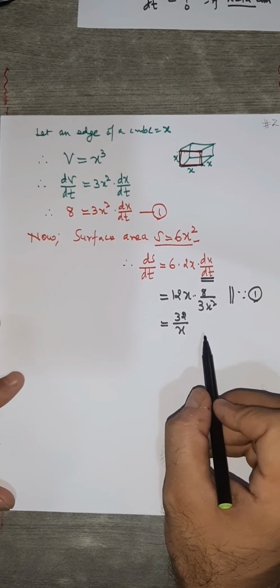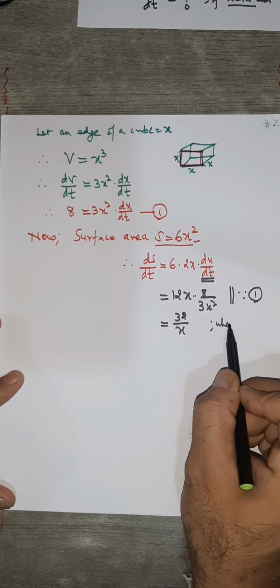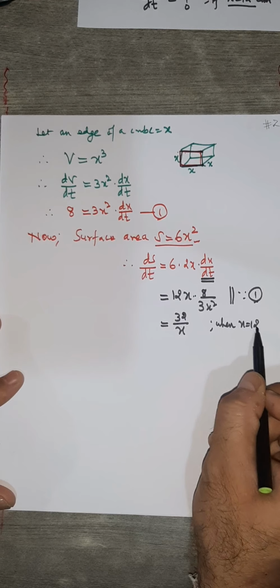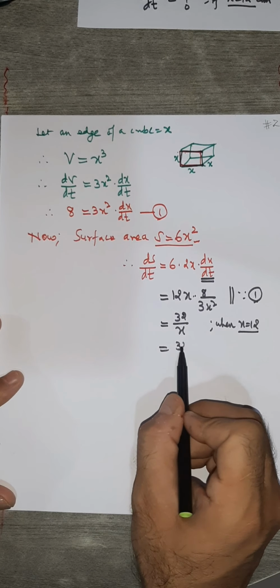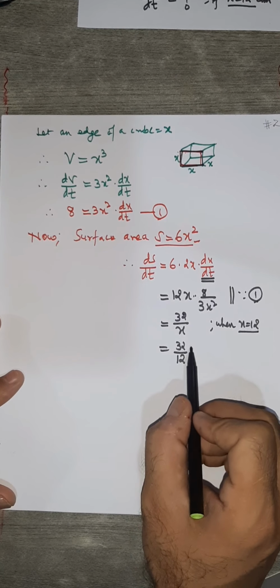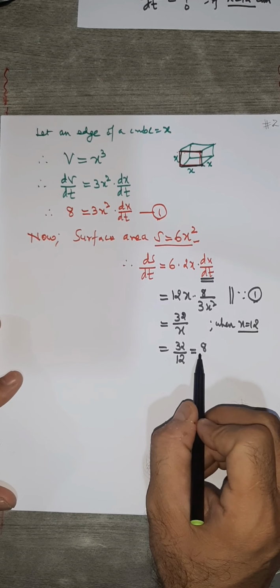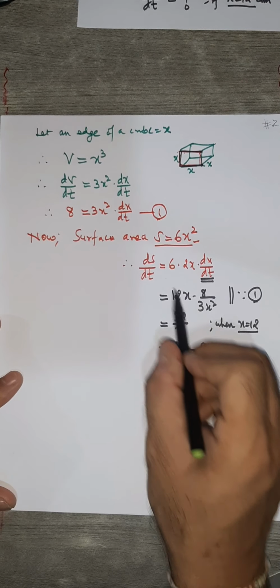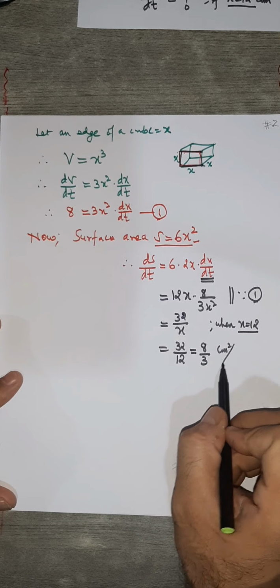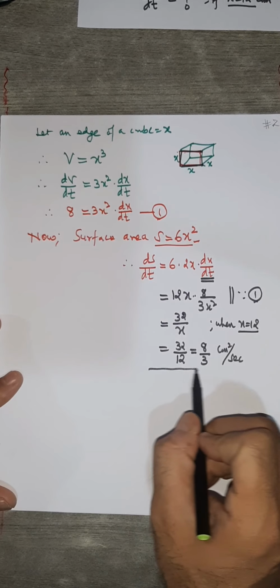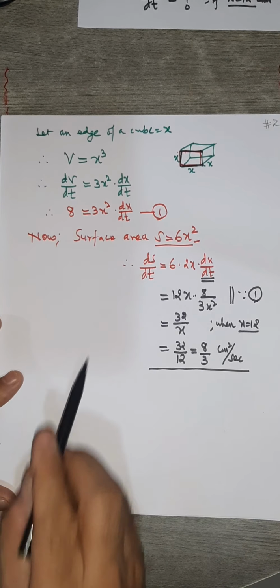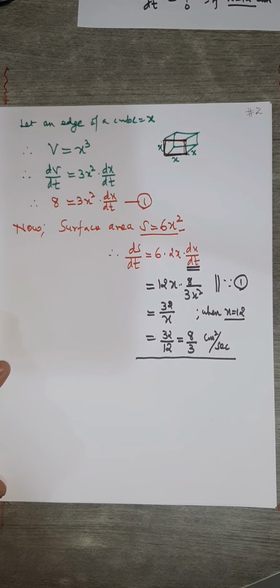Fine. But you are asked this when x is 12. So when x is 12, you have 32 by 12, which is just 8 by 3. The unit is centimeter square per second. That's the required change in the surface area with respect to time.